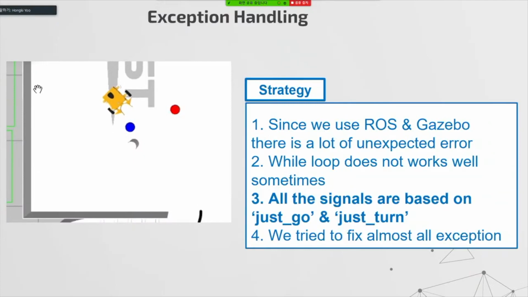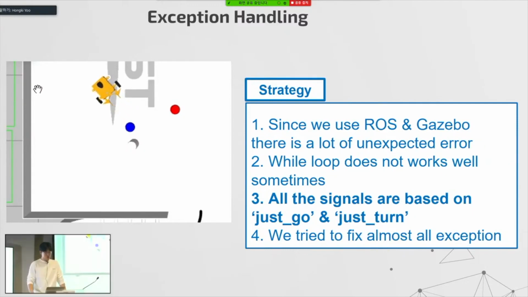Shown on the left is a compensate macro for failing to align to the blue ball due to an unexpected error, like the blue ball not being detected well. So the robot goes backward for a while and does the process again.